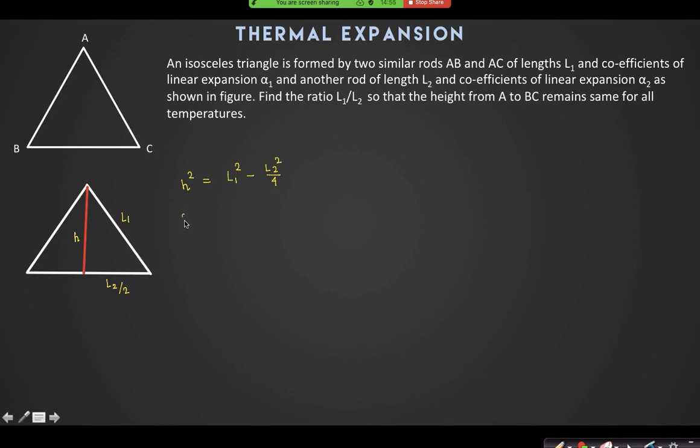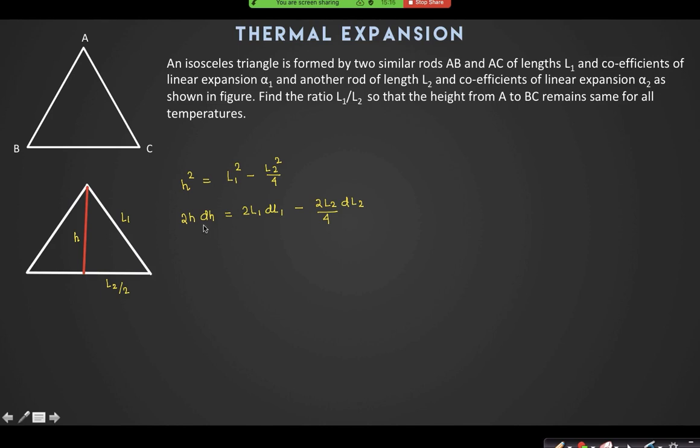If I differentiate it, 2h dh is equal to 2L1 dL1 minus 2L2 dL2 by 4, right?